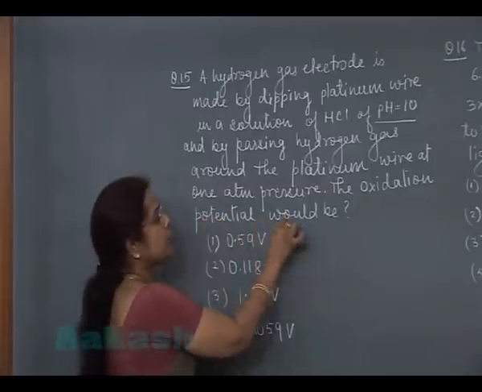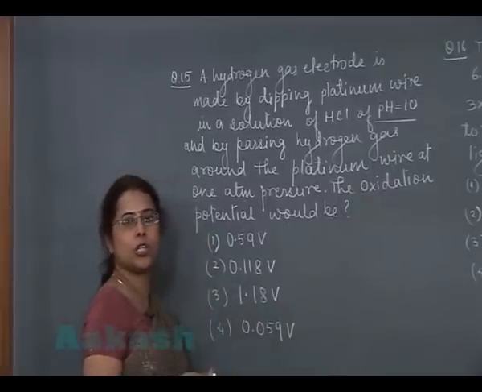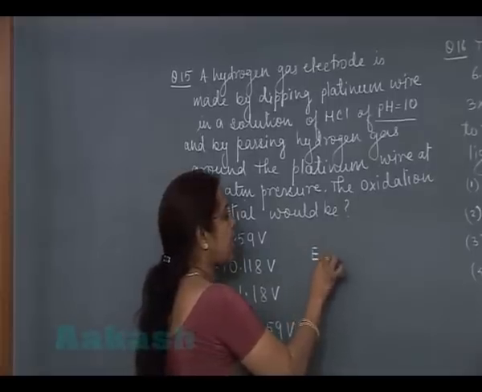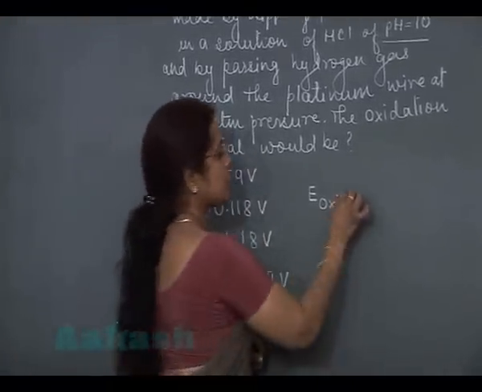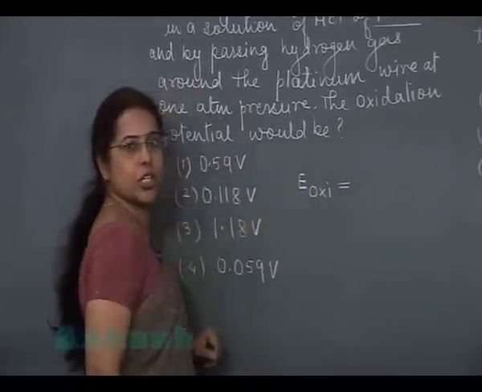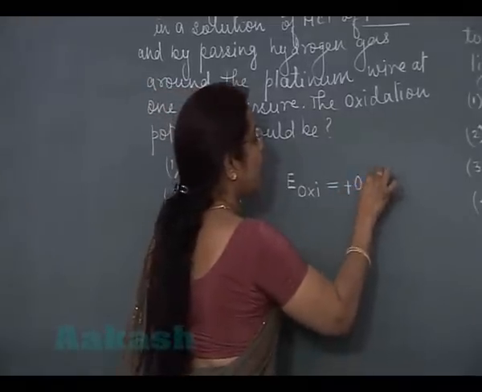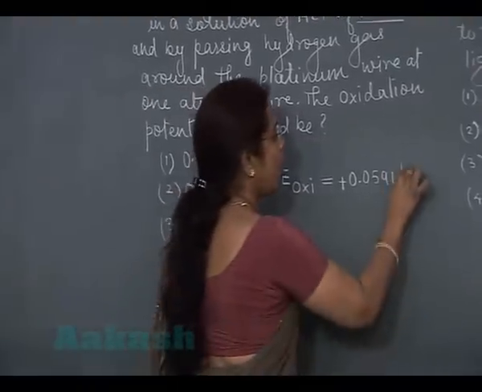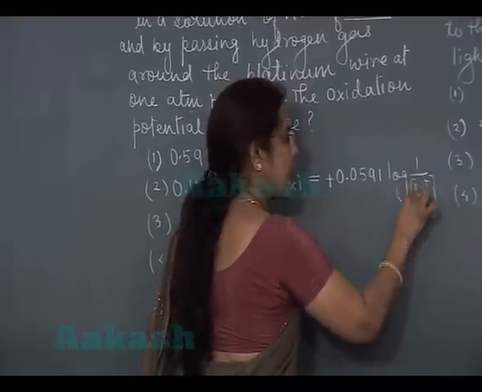The oxidation potential would be, it means we have to find out the oxidation potential of hydrogen electrode. It can be calculated using Nernst equation, and according to the Nernst equation the oxidation electrode potential is equal to 0.0591 log 1 by H positive ion.